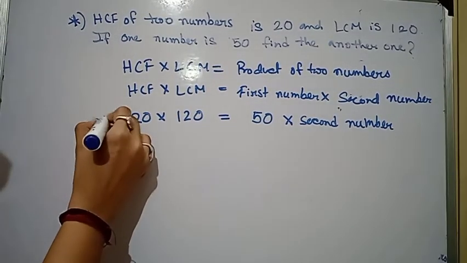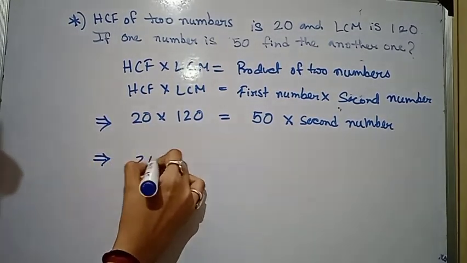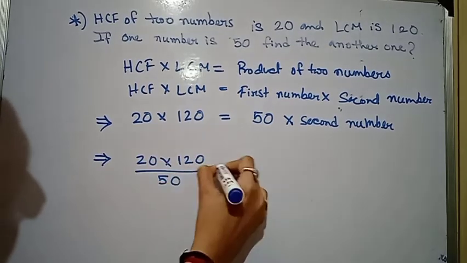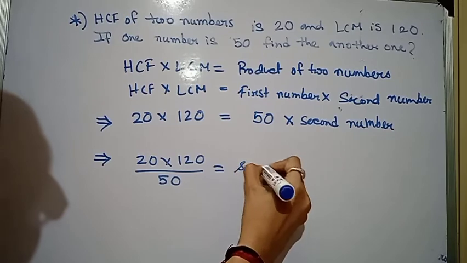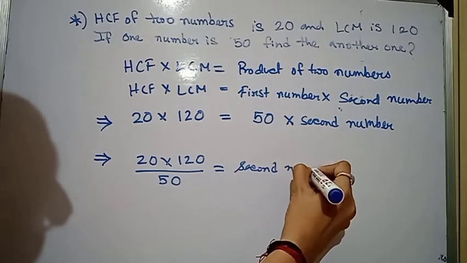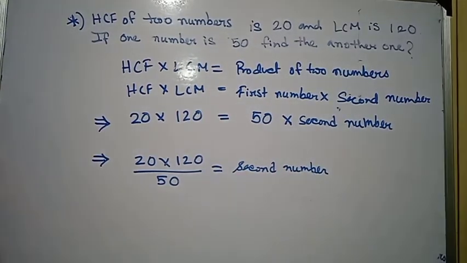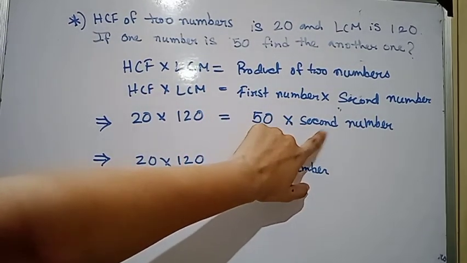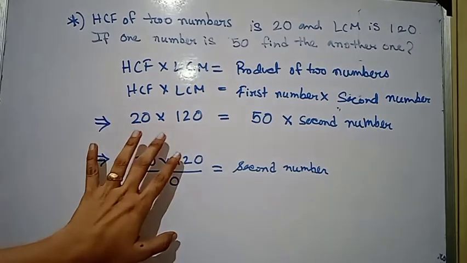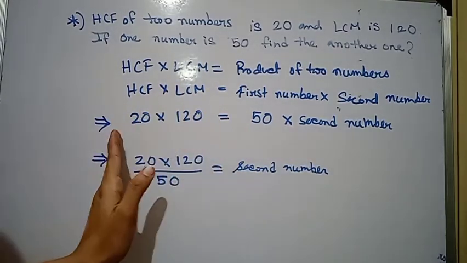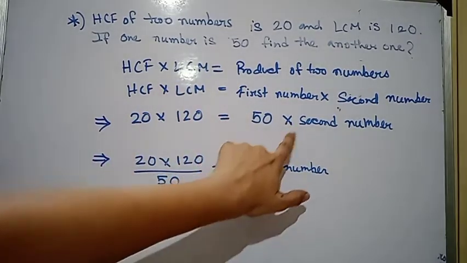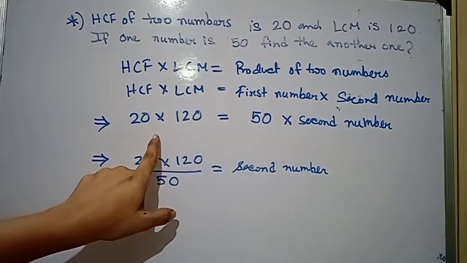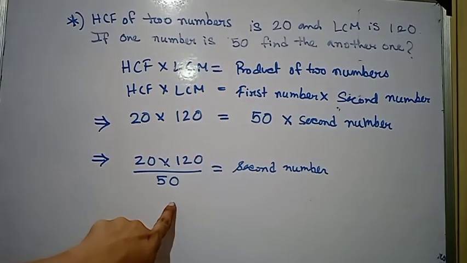So in the next step we are going to do what? 20 into 120 divided by 50. That will be the second number. What we have done, the 50 is in multiplication with the second one. So as I am taking this 50 to the opposite side, if someone is in multiplication and I am taking it to the different side, then it will be in division.